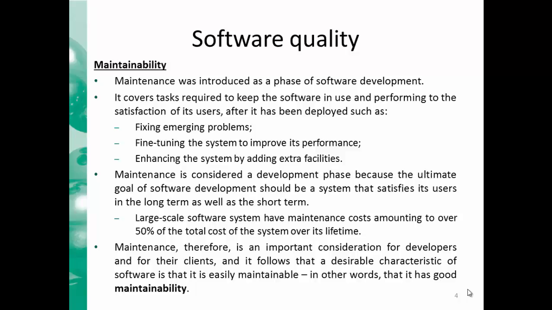Maintainability covers tasks required to keep the software in use and to keep the software performing its task at its best. They may include things like fixing emerging problems, fine-tuning the system to improve its performance, and in some situations enhancing the system by adding more features.